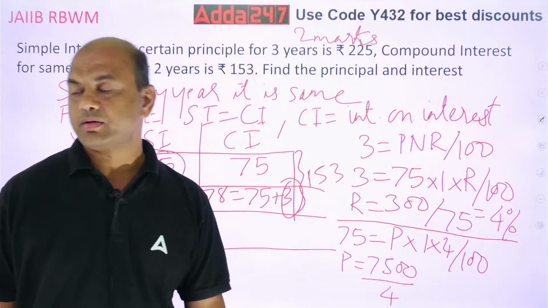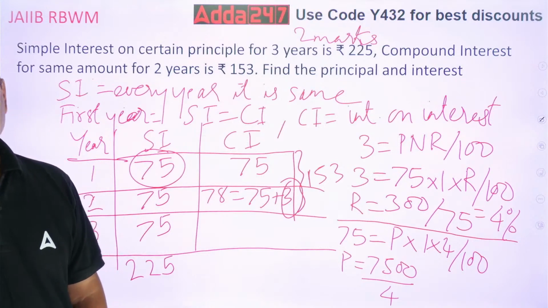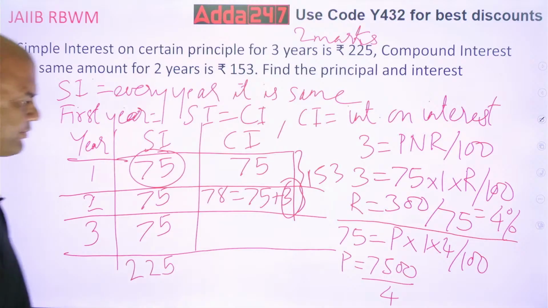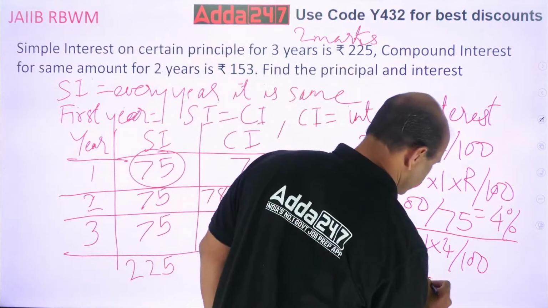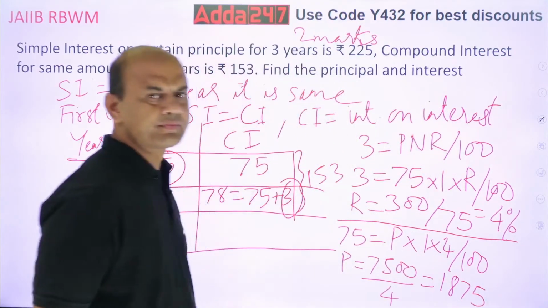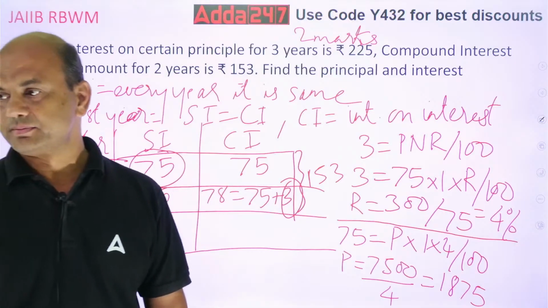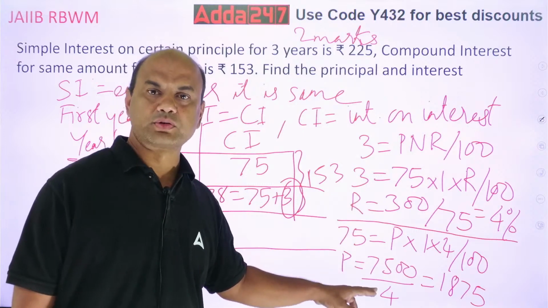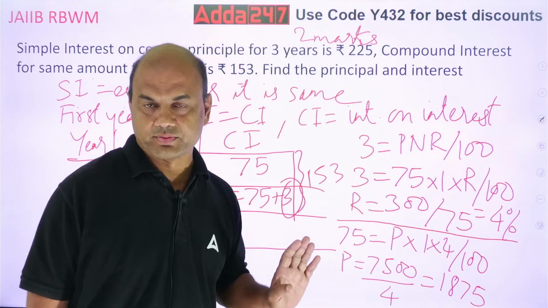It is coming out to be 18 something, 18 for the 72, 30 remaining, 1875, right? So the principal is 1875. This is your principal. Got it everyone? R you got as 4%, P you got as 1875.